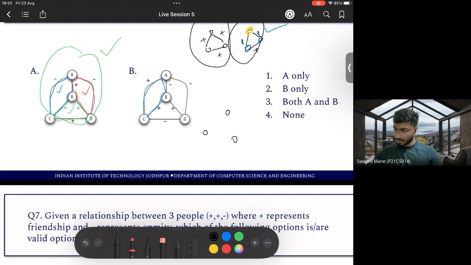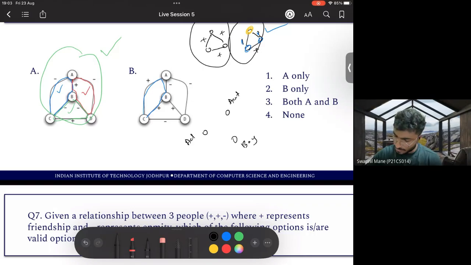So this is an uncle node, and this is an aunt node, and there is one boy. These three nodes are there: uncle, aunt, and boy. The boy is maybe a relative.